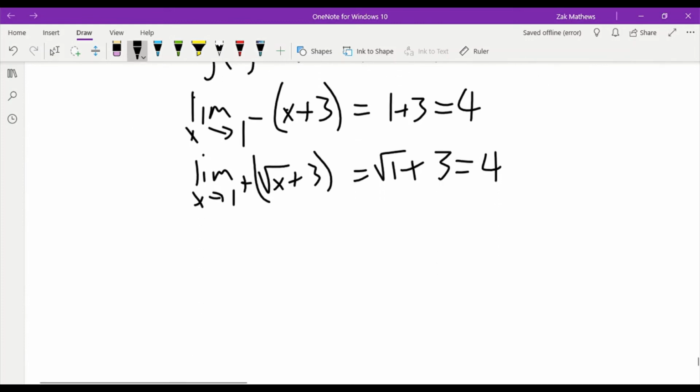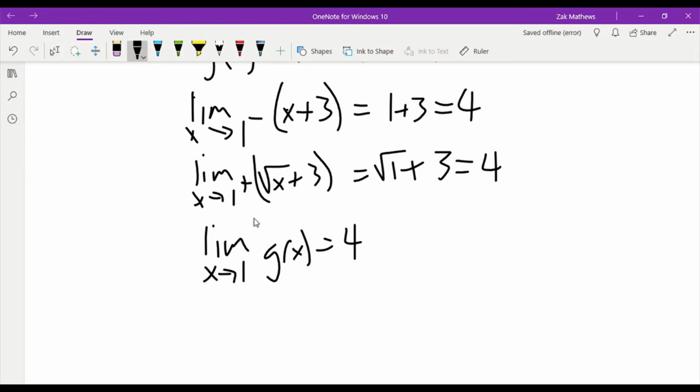So now we can state with confidence the limit as x goes to 1 of our function g of x is equal to 4. We know that because both of the one-sided limits exist. So remember, we did this back in one of the earliest videos. In the earliest stages of class, we had to show that a limit existed. It requires us showing the left and right limits are the same.